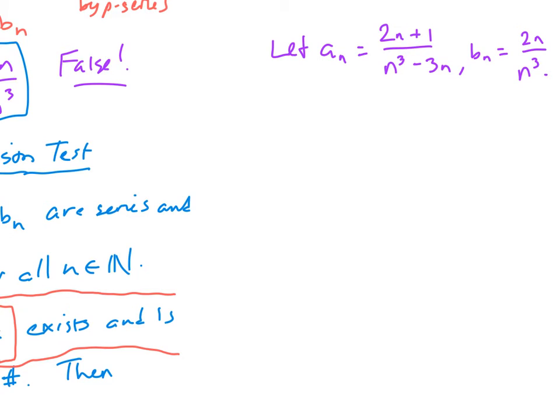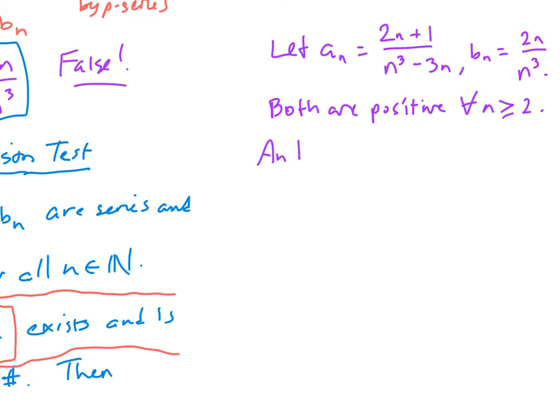And the first thing I'm going to do is say both of these are positive for all n. That's important. I can't use the limit comparison test otherwise. Actually, sorry, I shouldn't say for all n, because if n is 1, that's a little bit untrue. So I should say for all n greater than or equal to 2. Both of those are positive for all n greater than or equal to 2.